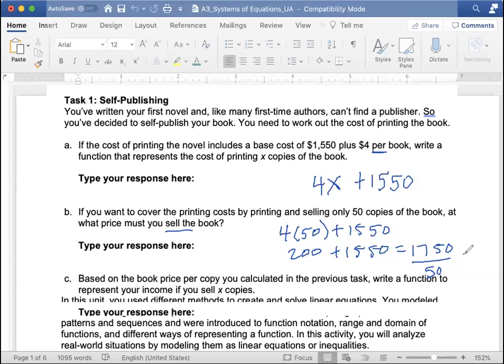So you would have to sell the books for $4.31. That's what you get when you divide it. And then part C, based on the book price per copy you calculated in the previous task, write a function to represent your income if you sell X copies. So if it's $35 per book for what you're going to sell, then it would be 35X.